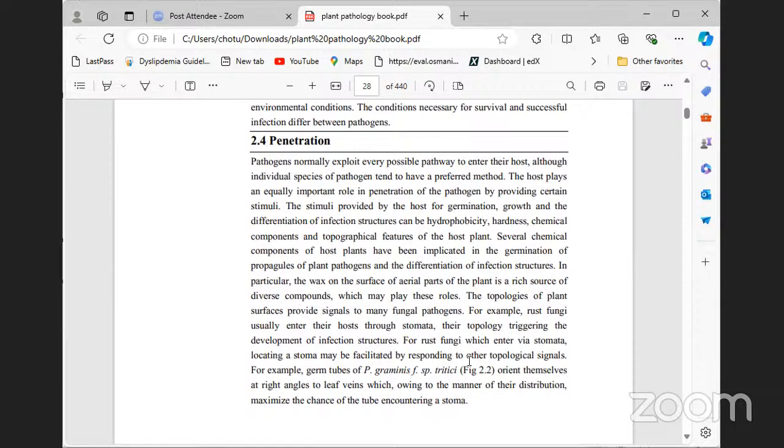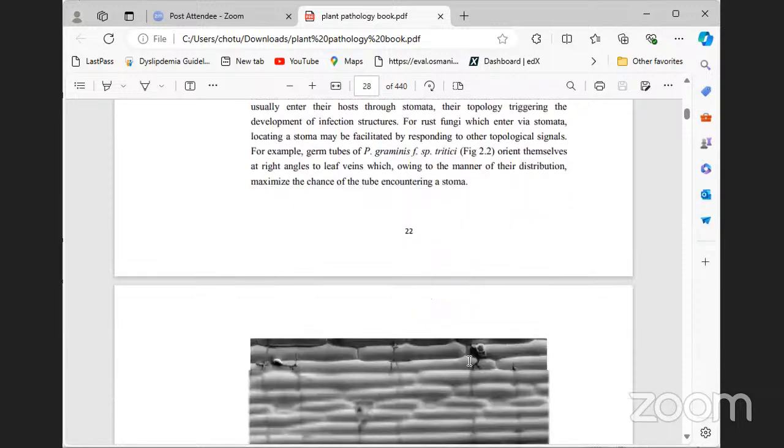The germ tubes orient themselves at a right angle to the leaf veins, which, owing to the manner of their distribution, gives the maximum chance of the tube encountering a stomata.